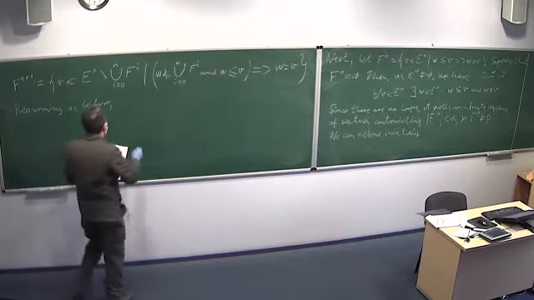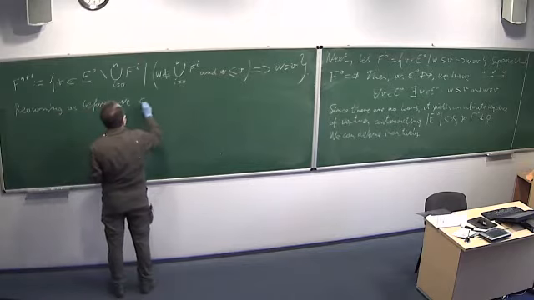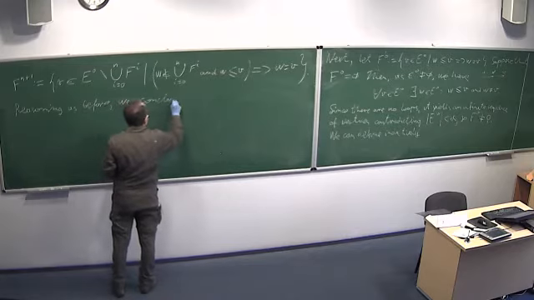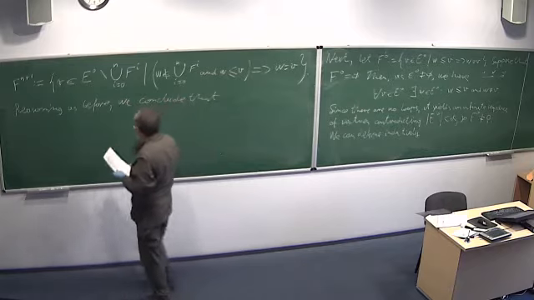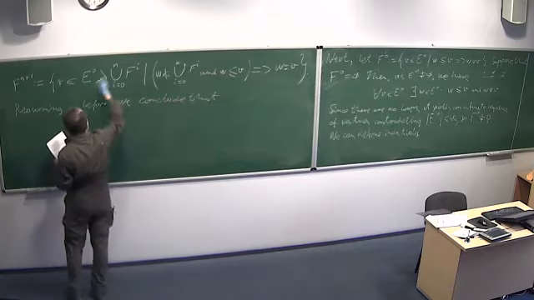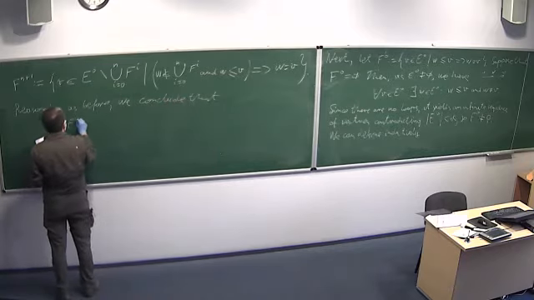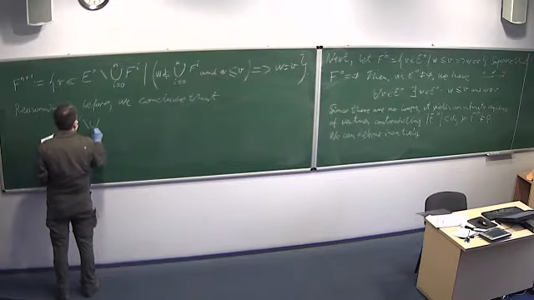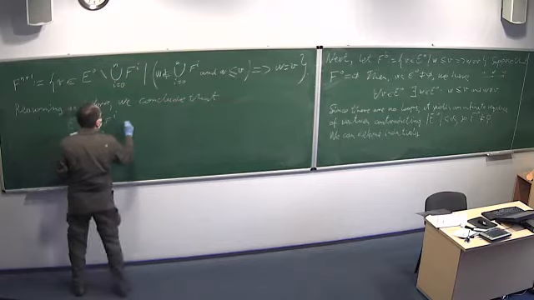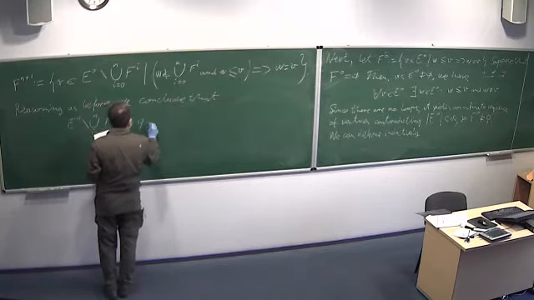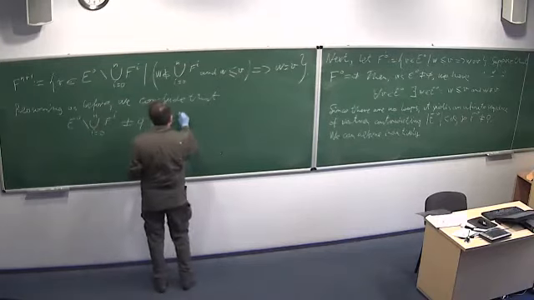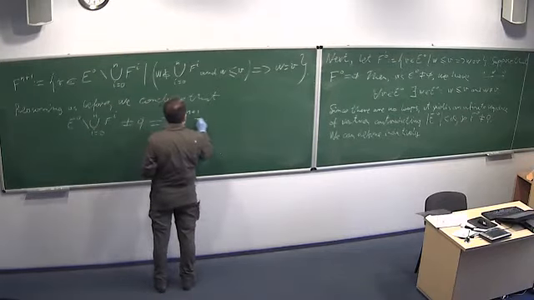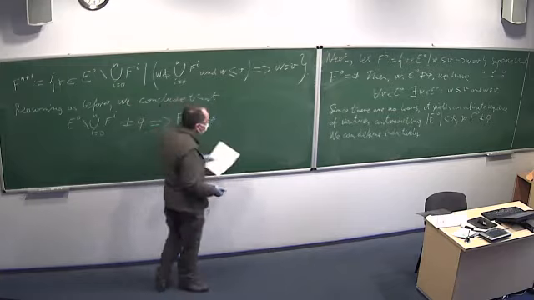we conclude that if this set from which I take my vertices is non-empty, this implies that Fn plus 1 is non-empty. That's exactly the same reasoning.